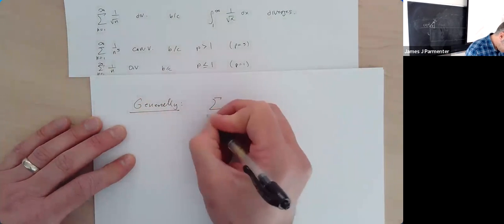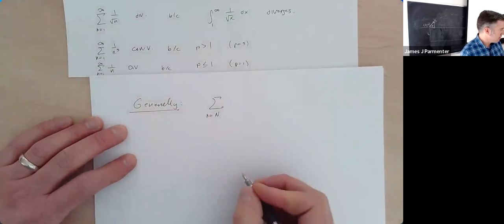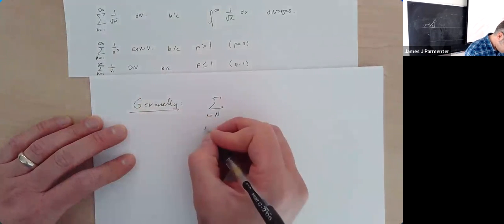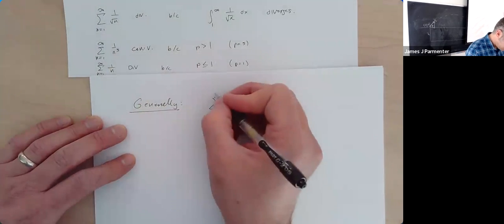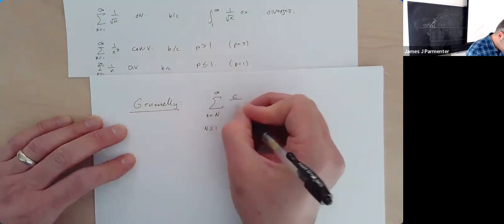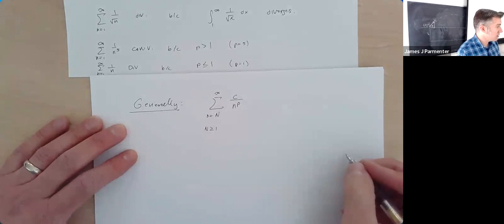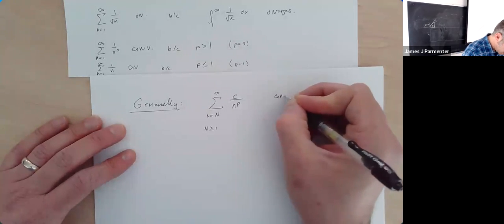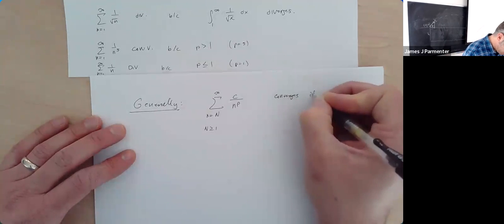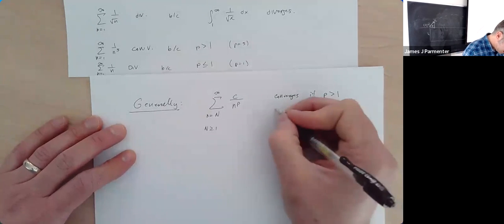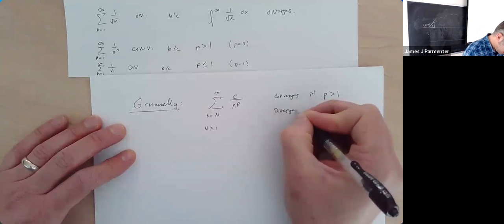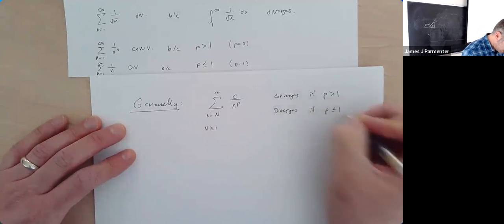The sum from n equals any number n, where n is greater than or equal to 1, to infinity of any constant over n to the p, converges and diverges for the same values of p. This certainly converges if p is strictly greater than 1, diverges if p is less than or equal to 1.